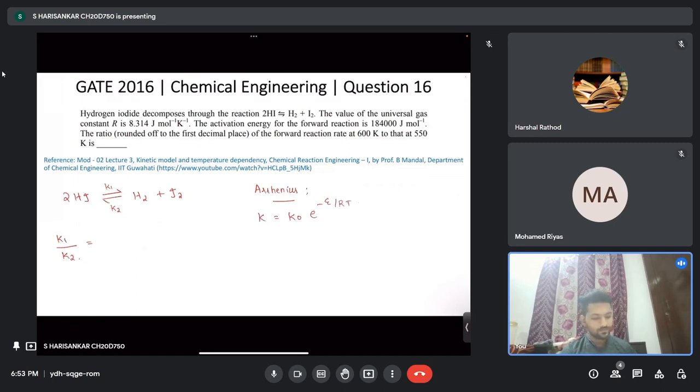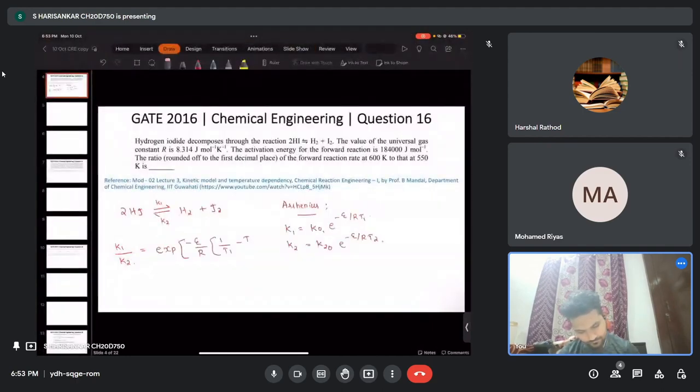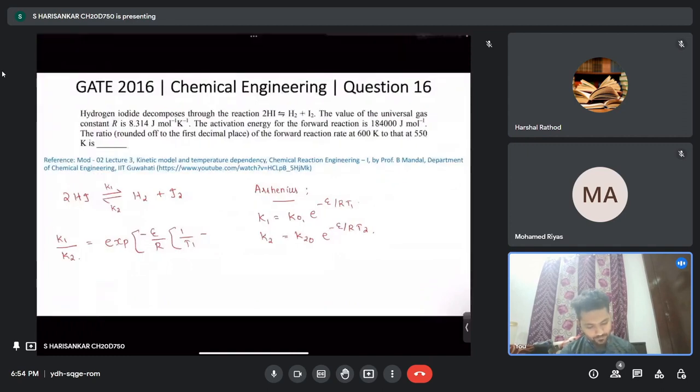And if we take K1 as K10 e raised to minus E by RT1 and K2 as K20 e raised to minus E by RT2, if we divide this, we'll get K1 by K2 as exponential minus E by R into 1 by T1 minus 1 by T2.